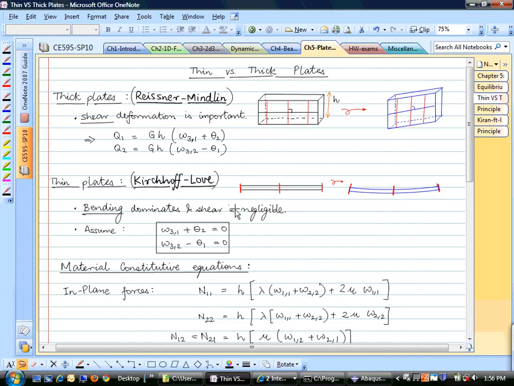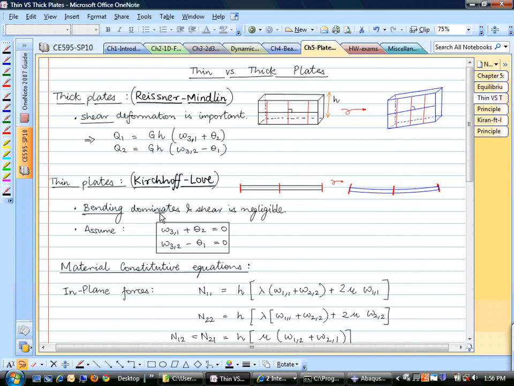Okay. So similarly for thin plates, where the thickness is very small compared to the longitudinal dimension, the behavior of this plate is predominantly in the bending mode. We cannot actually say that shear is going to be 0 in reality, because there is always shear even for thin beams.